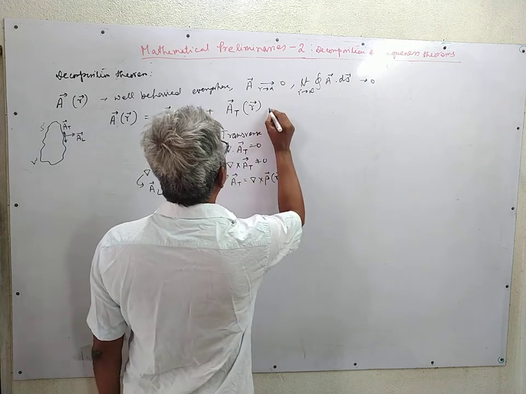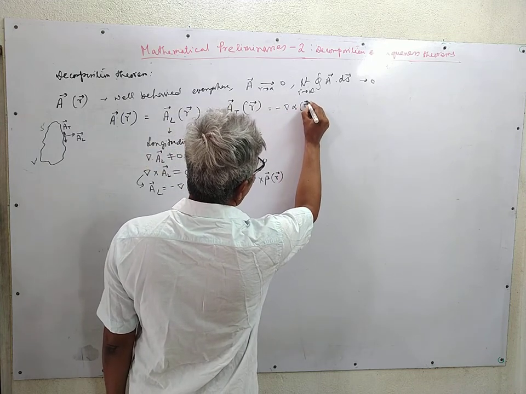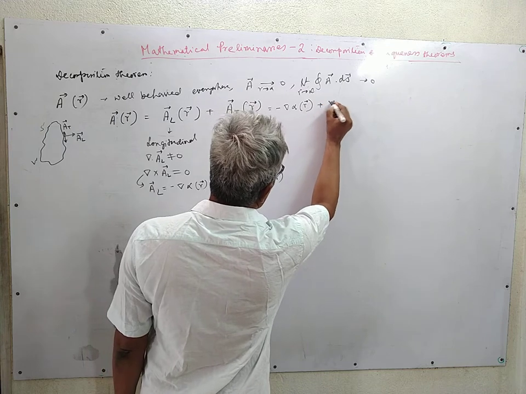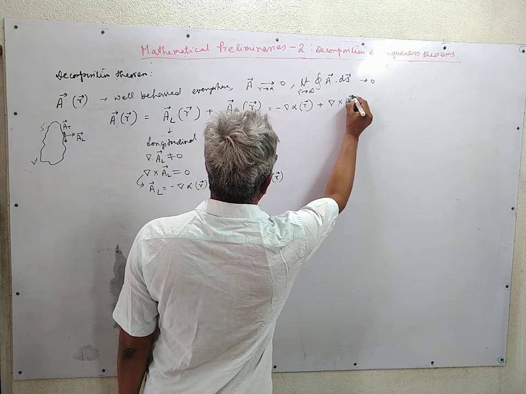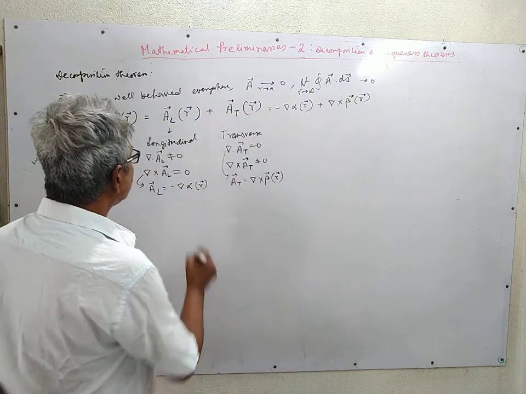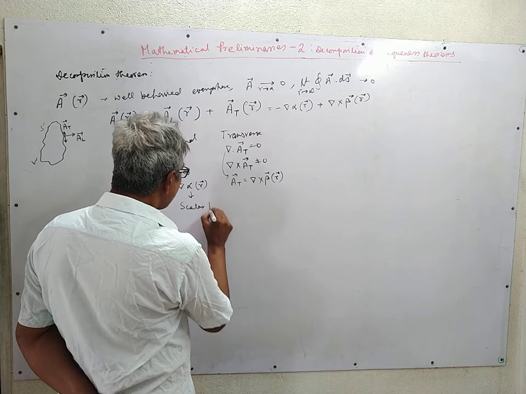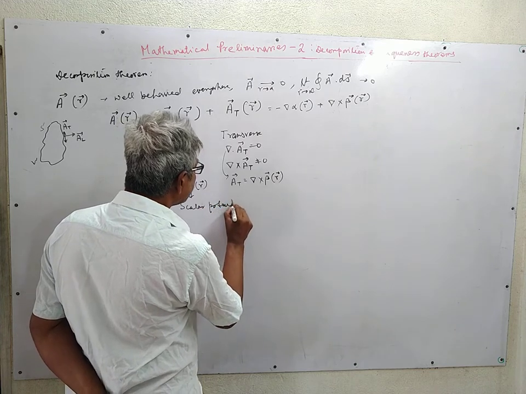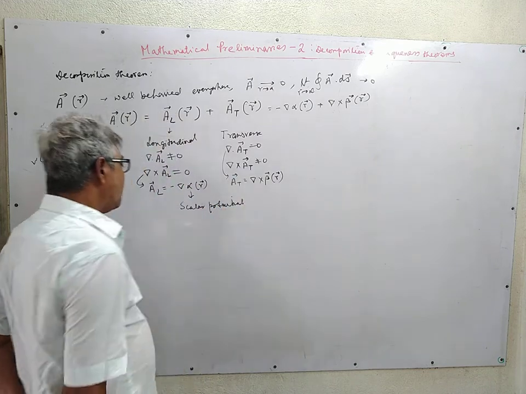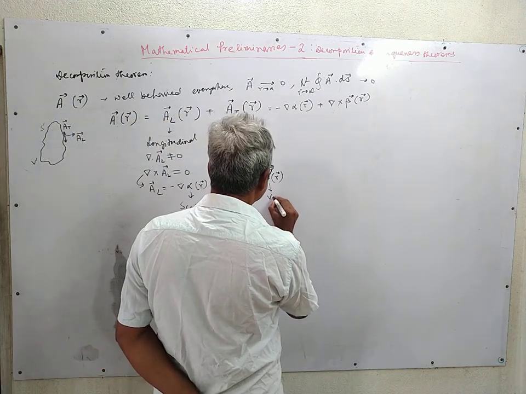So we write A equals minus gradient of alpha of r plus curl of beta of r, where alpha is called the scalar potential corresponding to the vector field A, and beta is the vector potential.